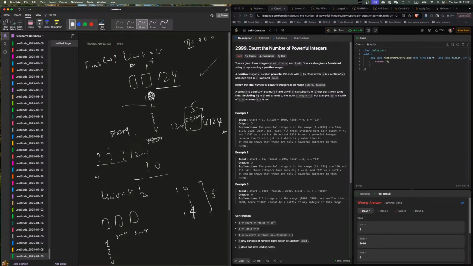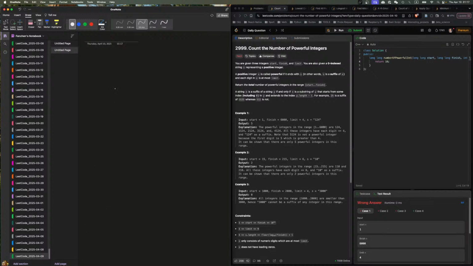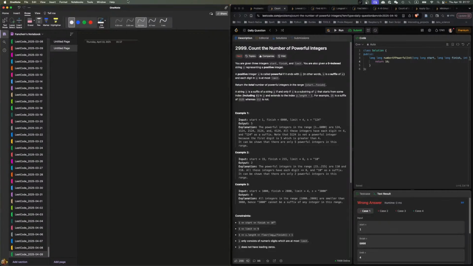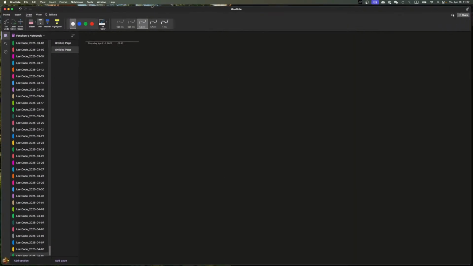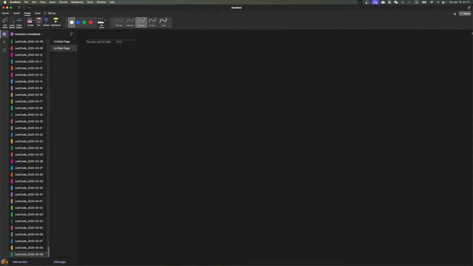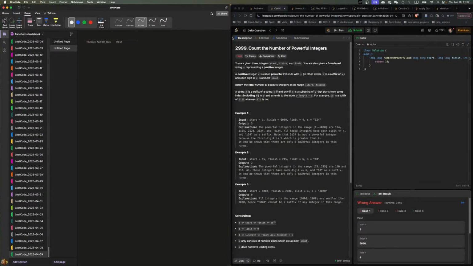Well, we have the lower bound. So like in this case, lower bound will be the smallest number that's bigger. Right? The smallest number that's bigger than, yeah, the lower bound is no lower bound.